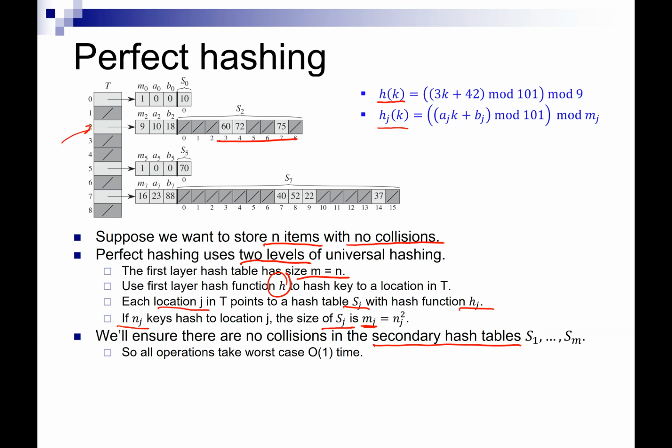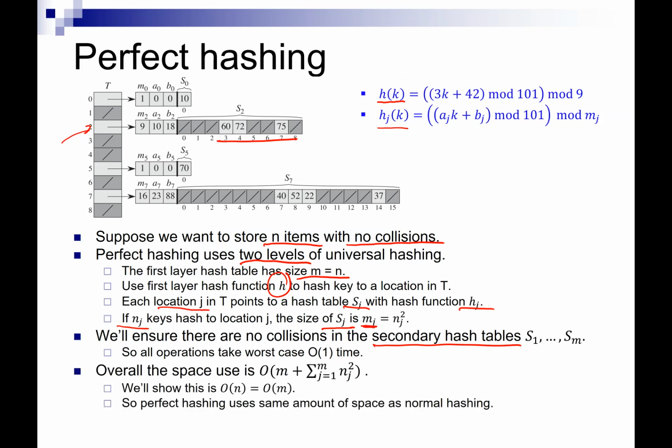And because of this, we can ensure that all of the operations are just going to take constant time, because you simply need to apply the hash function twice, which takes constant time. Now, the question is, how much space is this going to use? It turns out that this is going to use space equal to m plus this thing over here.